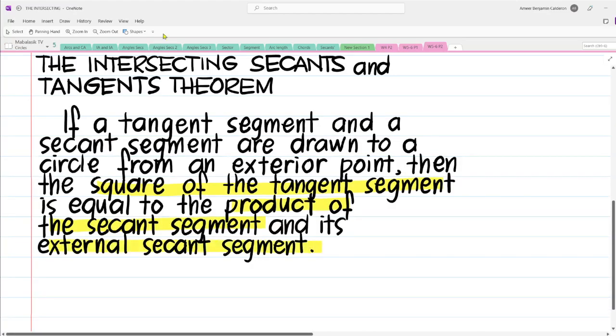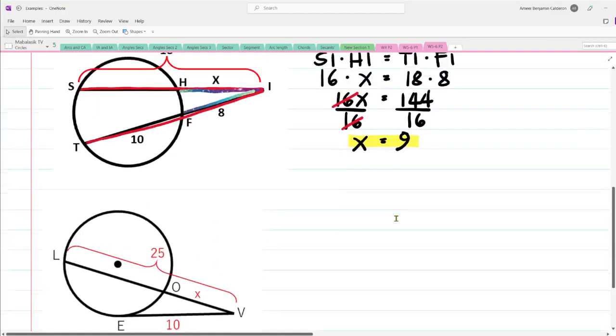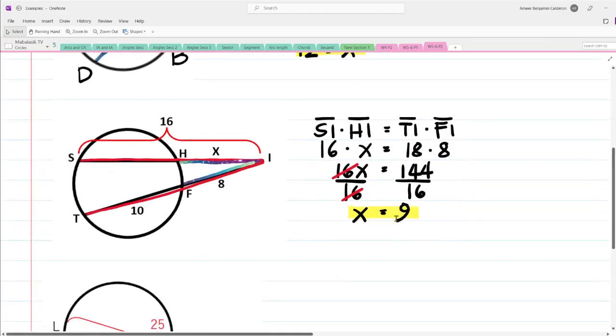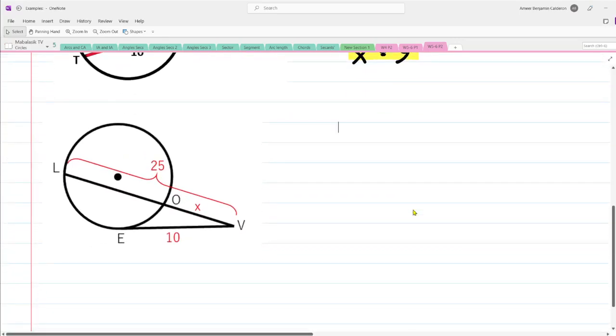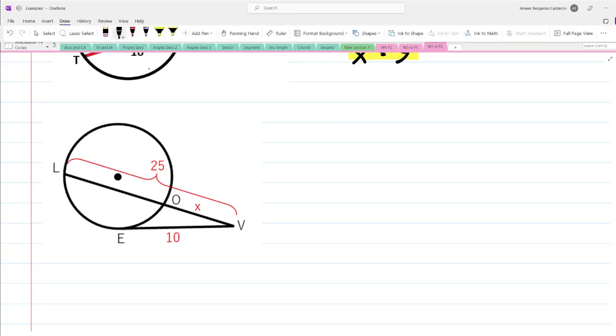Notice that in our second example, we multiplied the secant segment by its own external secant segment; they cannot switch partners. However, in our third example, the tangent segment has no partner, so we multiply it by itself. So, square the tangent segment.